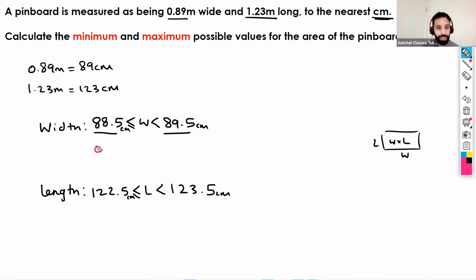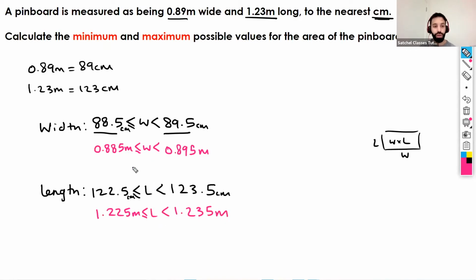So what we'll get is 0.885 meters and then 0.895 meters over here. And for the length, I will get 1.225 meters and 1.235 meters. So you can do the calculations whichever way you prefer, whether you want to do it in centimeters or in meters, it doesn't really matter.